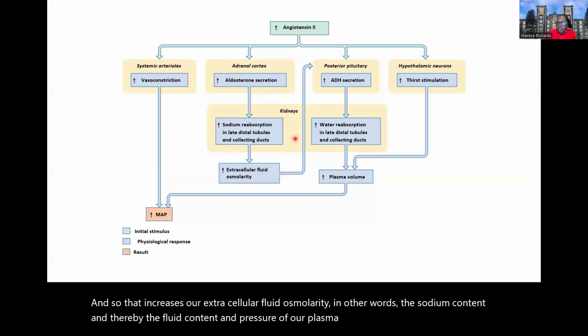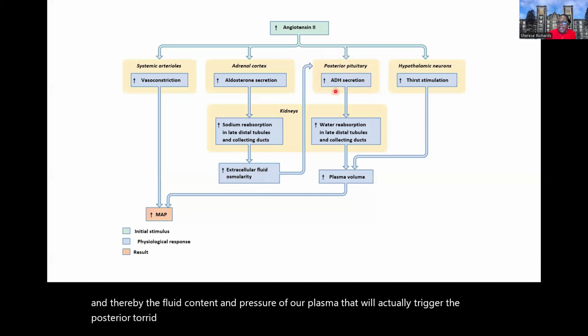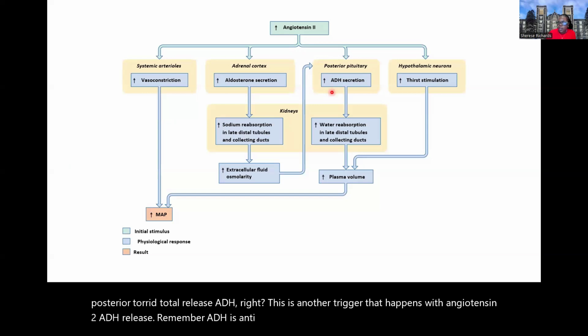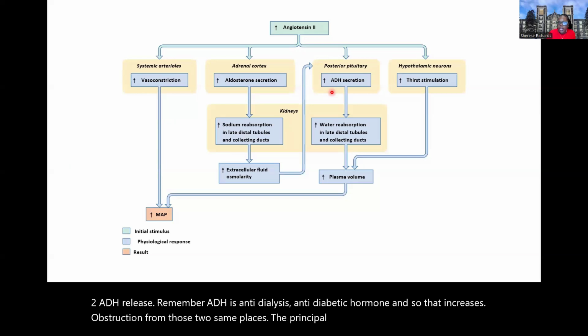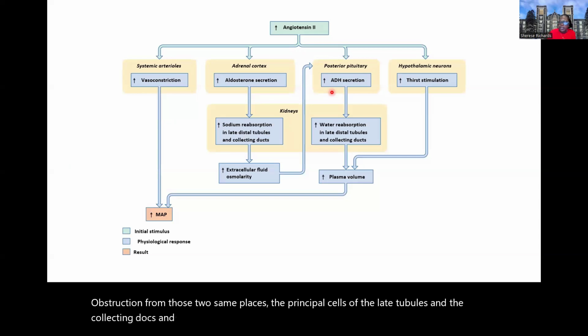That will actually trigger the posterior pituitary to release ADH, right? This is another trigger that happens with angiotensin 2. ADH release, remember, ADH is antidiuretic hormone. And so that increases water reabsorption from those two same places, the principal cells of the late tubules and the collecting ducts, and facilitates that water to be reabsorbed back into the plasma.